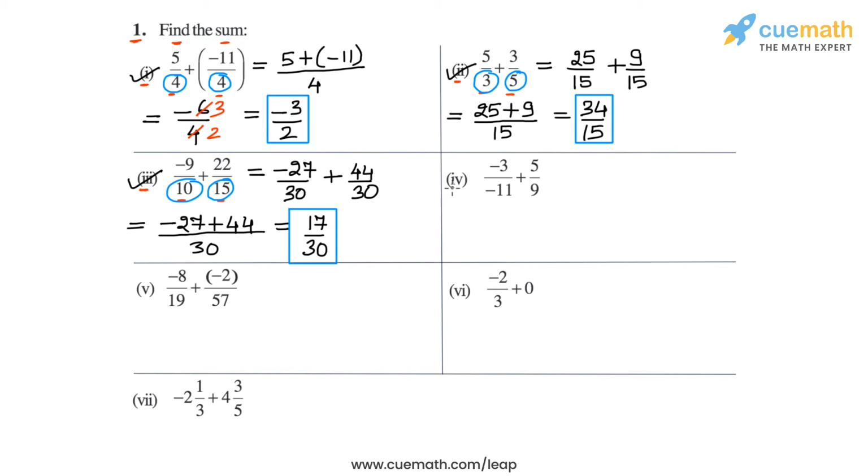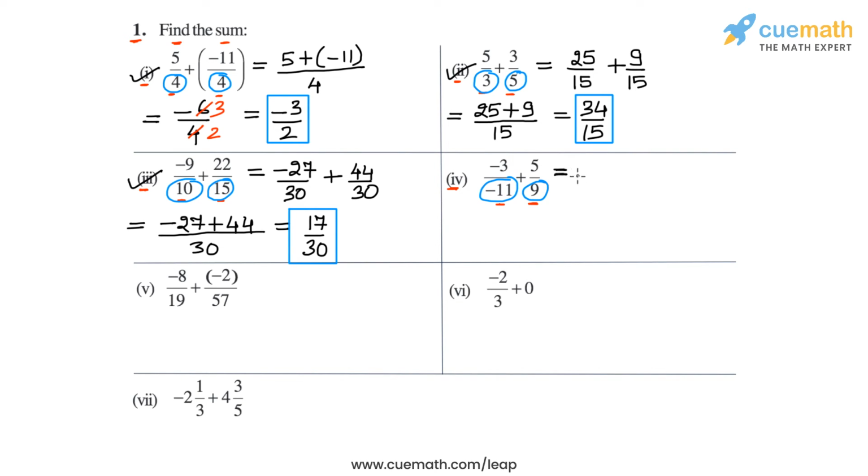And now we come to part 4, in which we have to calculate minus 3 by minus 11 plus 5 by 9. The denominators are minus 11 and 9. The LCM of 11 and 9 is 99. So let's write both of them as equivalent rational numbers with denominator 99.